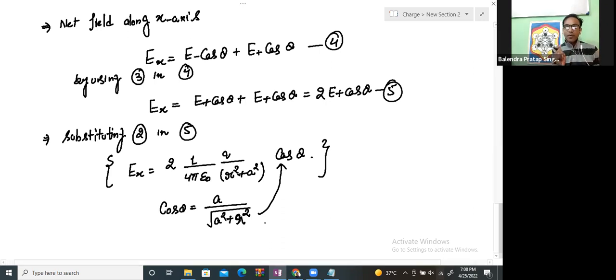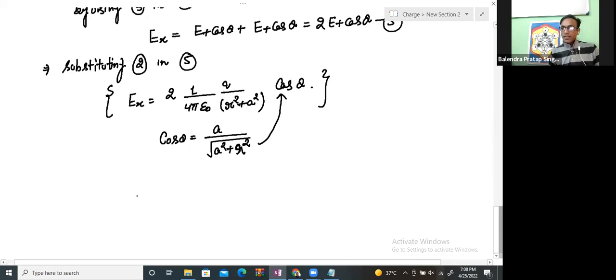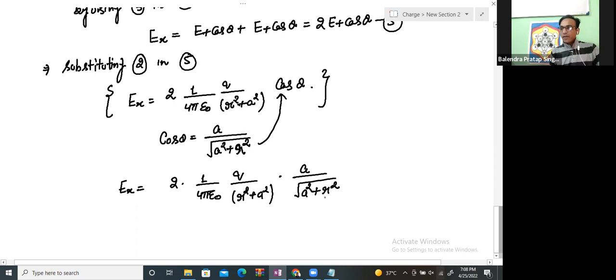So substitute the value of cos theta in the expression for Ex. From here we have 2 into 1 over 4 pi epsilon naught q divided by r square plus a square, into a divided by under root a square plus r square.